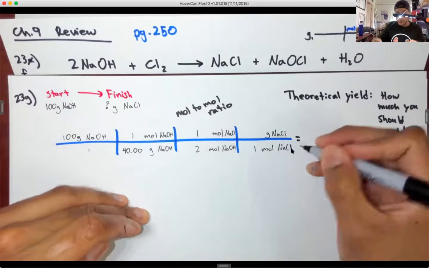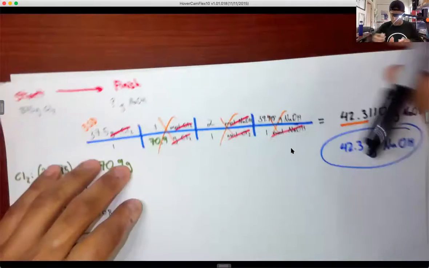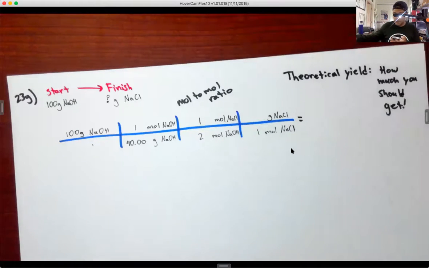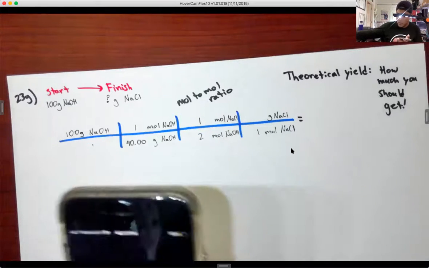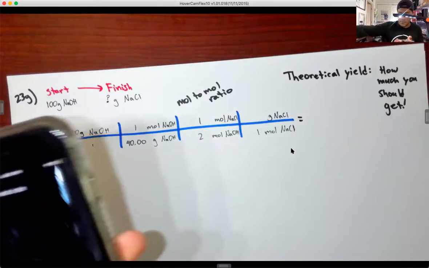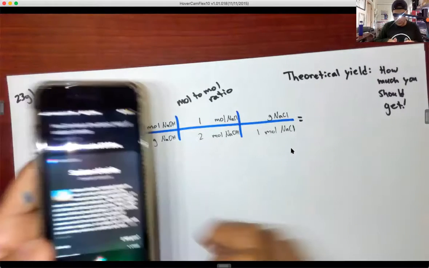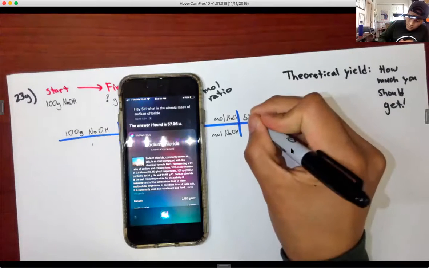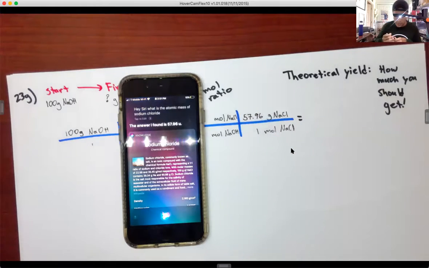And now we need to use the periodic table for that. You can use the periodic table or you could just ask Siri. Hey Siri, what is the atomic mass of sodium chloride? The answer I found is 57.96 atomic mass units. Okay, 57.96. Let's hope that she's correct.